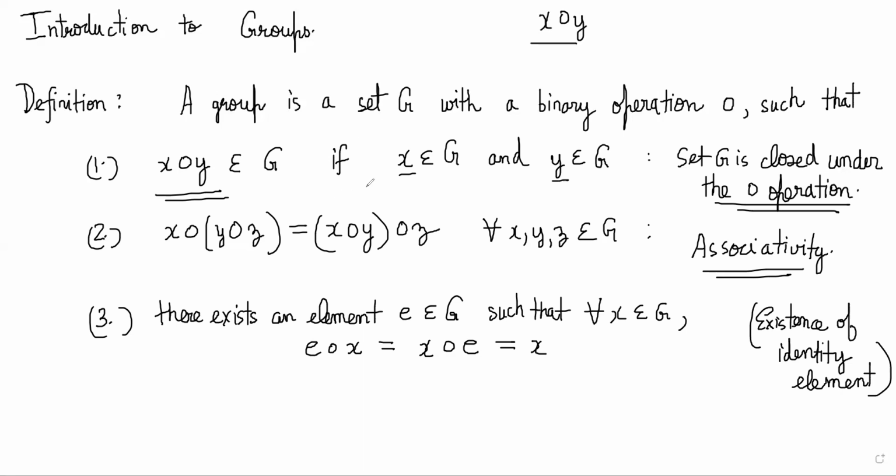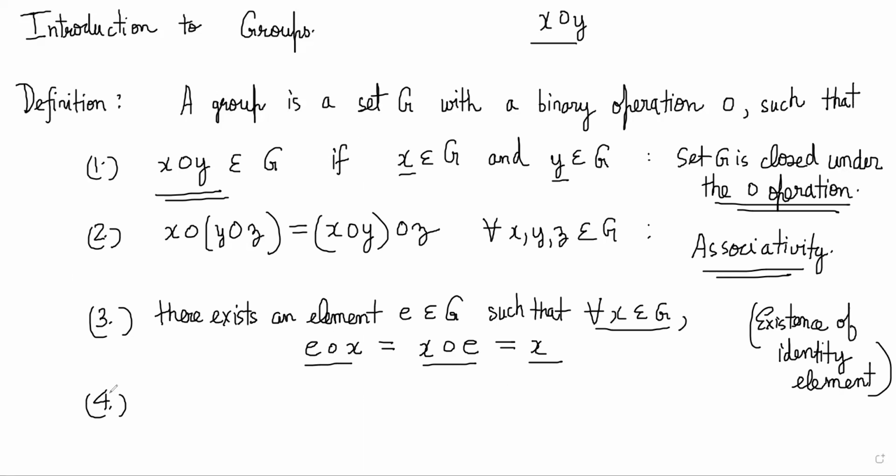You don't get a different answer. So E dot x and x dot E gives x, right? So this element E is called an identity element, and this is true for all x in G. No matter which element of the set you take, whenever you do E dot x, it should give the answer x. So that identity must exist.